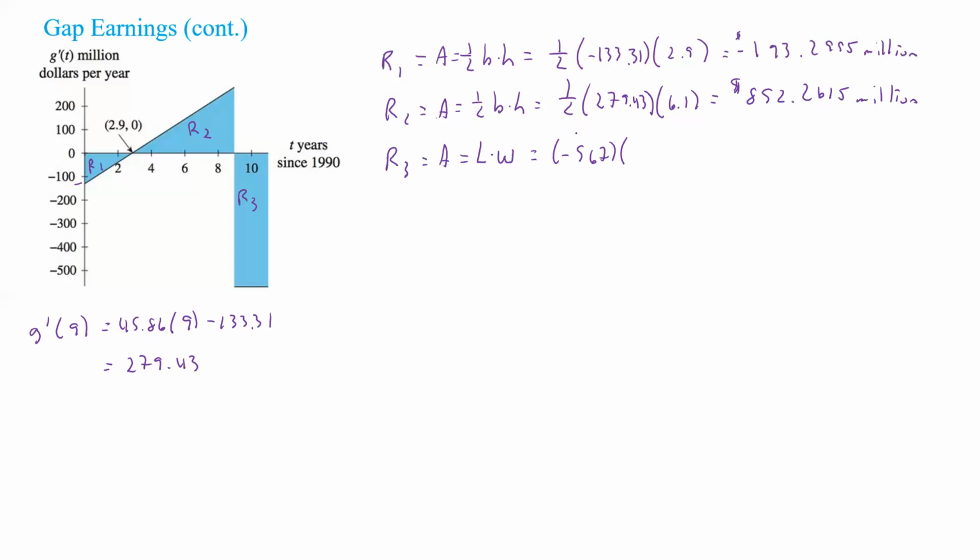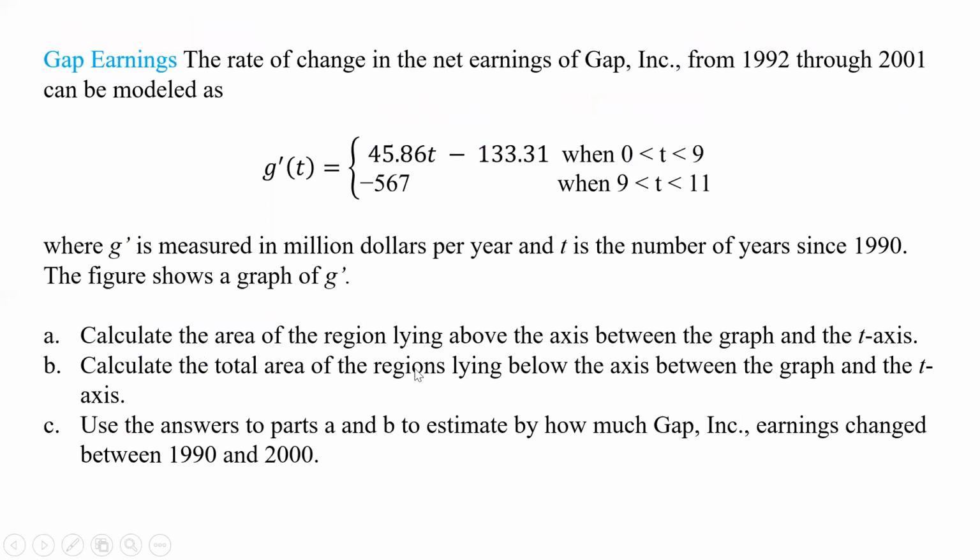So that's going to be a 2. If we multiply that, that's going to give us a negative, we'll put a dollar sign, negative 1,134 million.